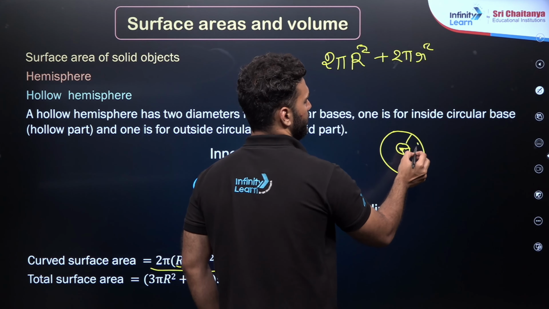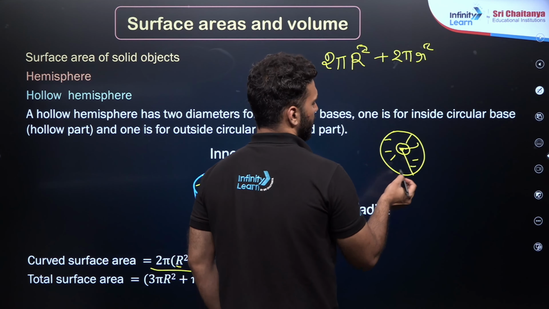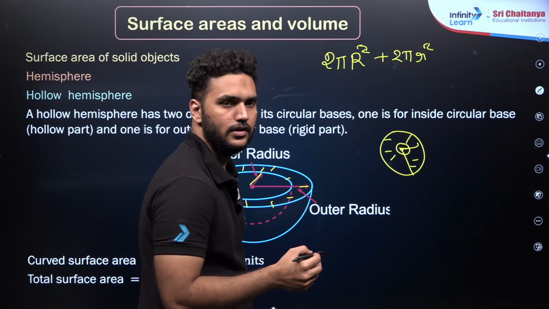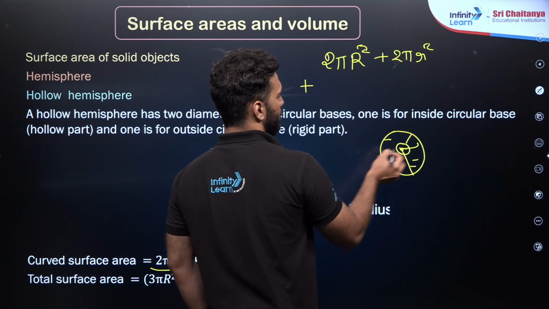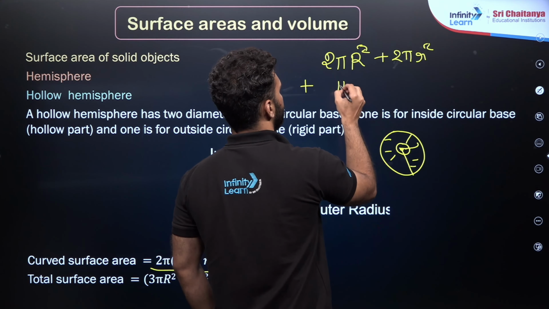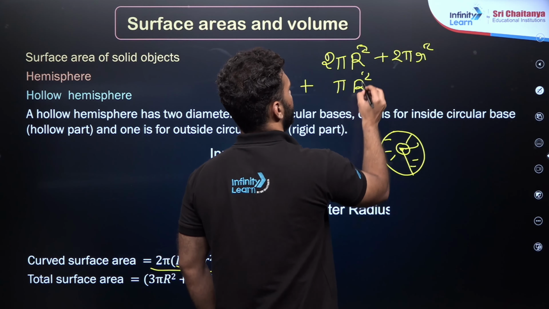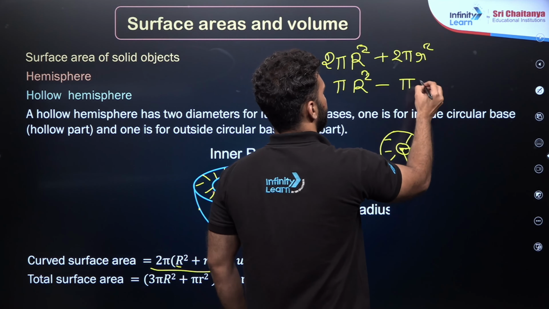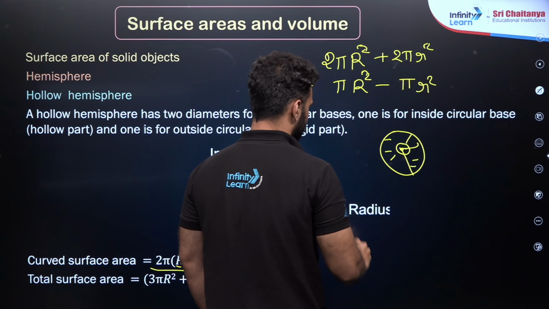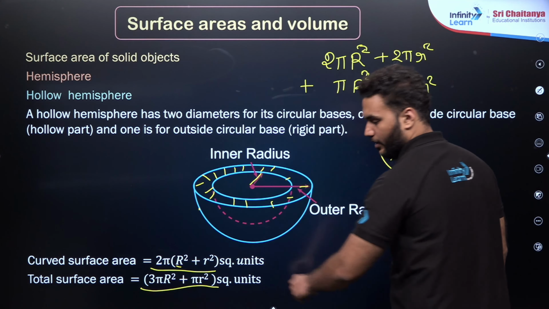How to find this area? It is simple. Find the area of the outer circle, then subtract the area of the inner circle. So you just have to find the area of the outer circle, pi R square, and subtract the inner circle, which is pi r square. Now solve this and you will get this formula.